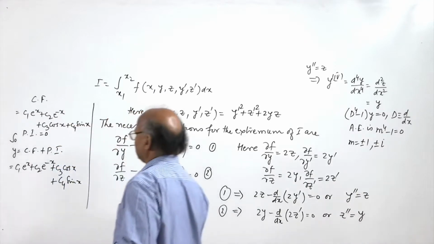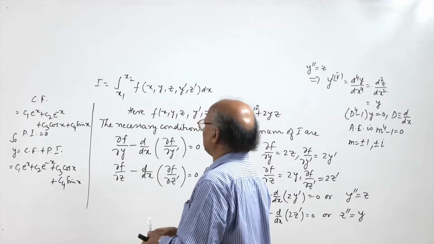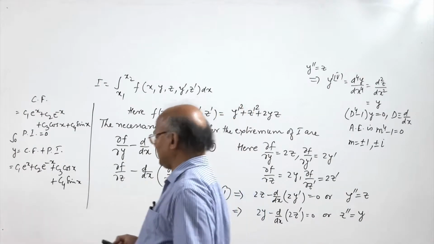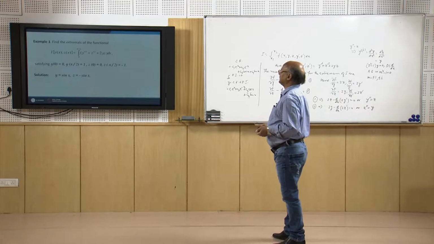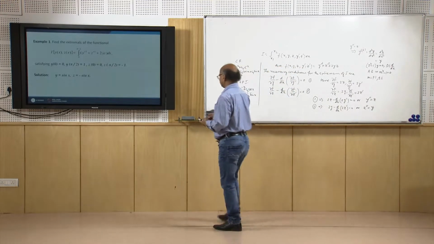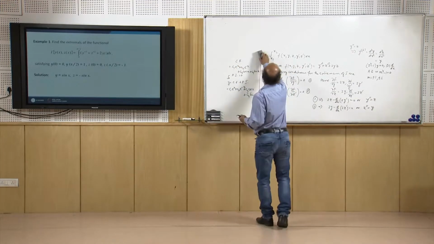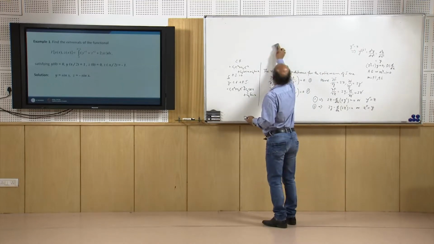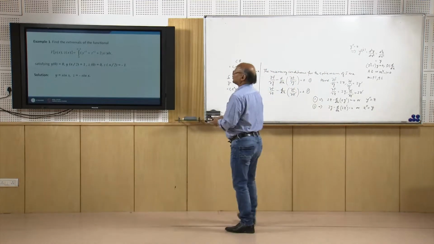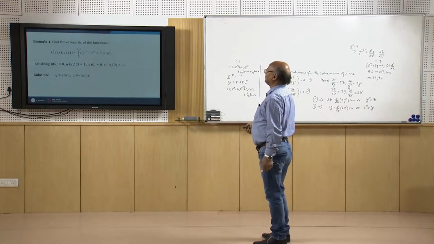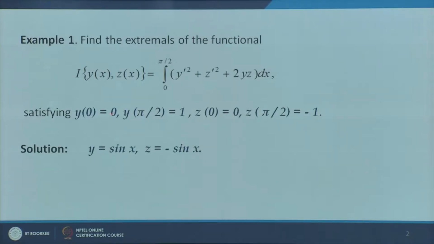Now in order to find the four constants c1, c2, c3, c4, we use the given conditions on y and z. The two conditions are for the values of y at 0 and pi by 2, the boundary conditions, and two boundary conditions are given for z.